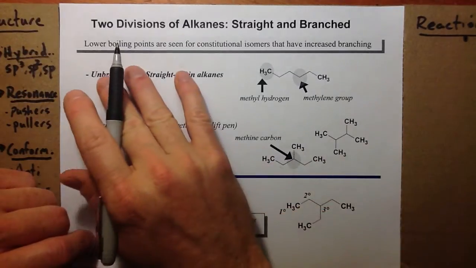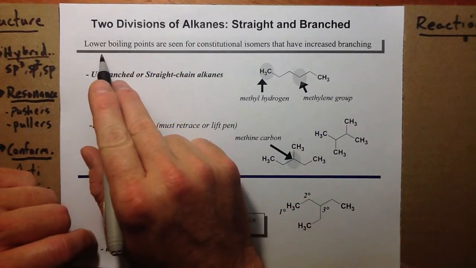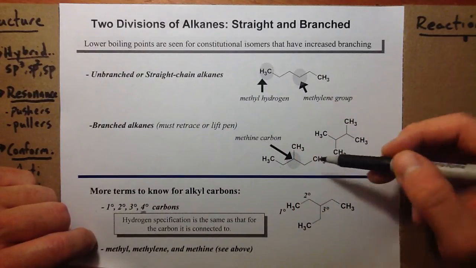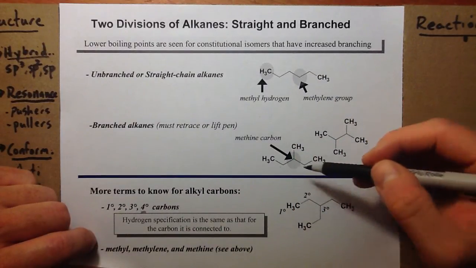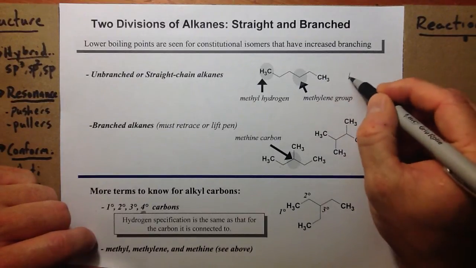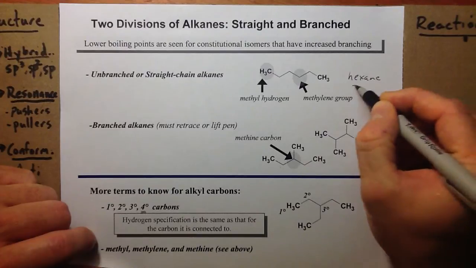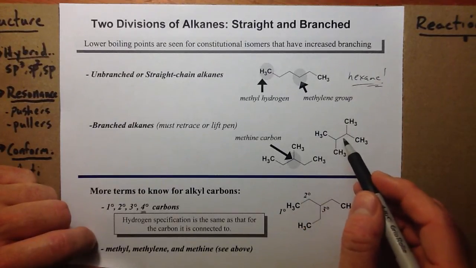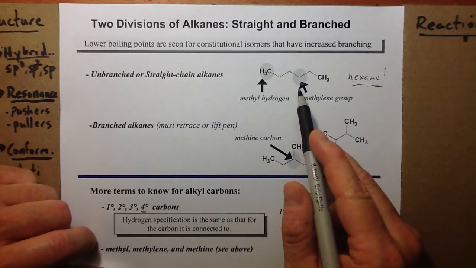Something I just want to point out properties-wise: lower boiling points are often seen for structures that have increased branching, such as these constitutional isomers of hexane. Hexane is the name of this molecule. This would be an isomer of hexane, and so also with this one.